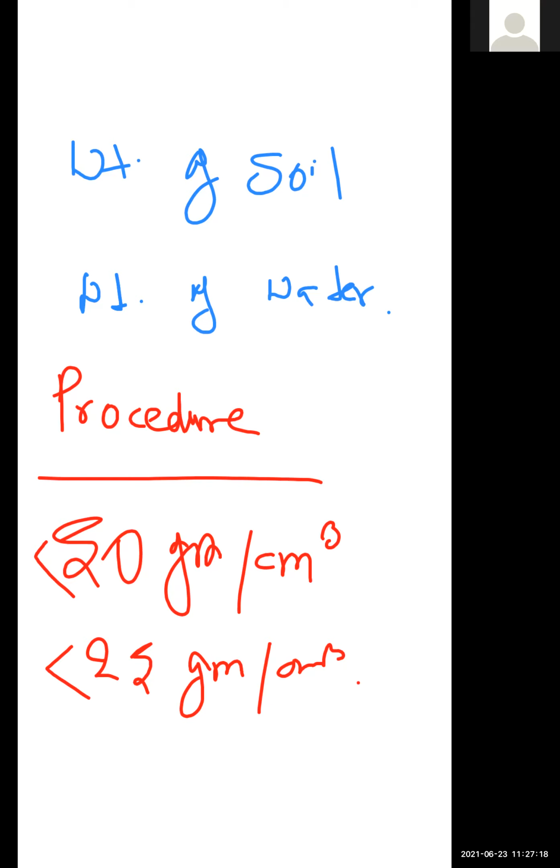Double the load intensity and take the dial reading at various time intervals. Then repeat this procedure for successive load increments.